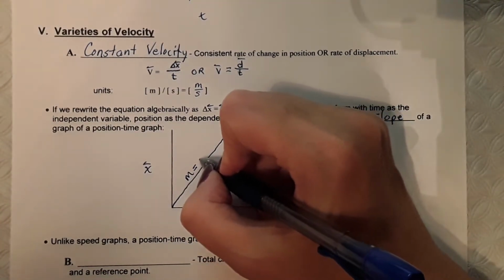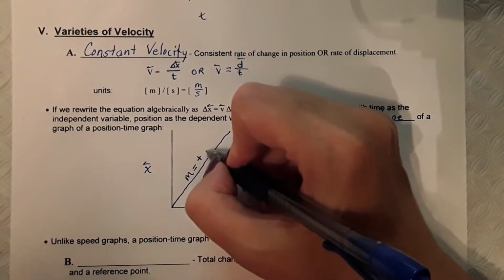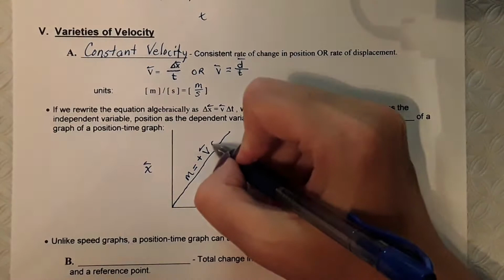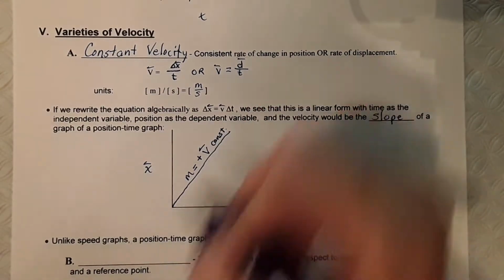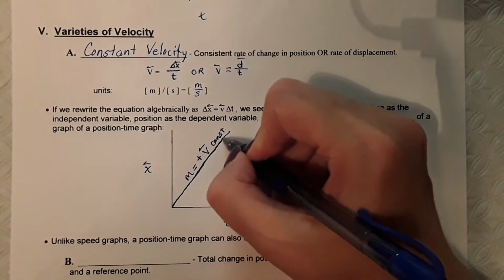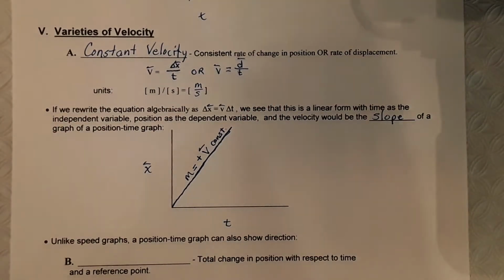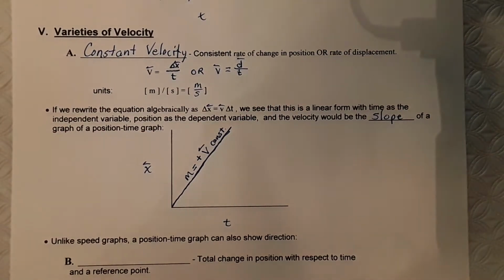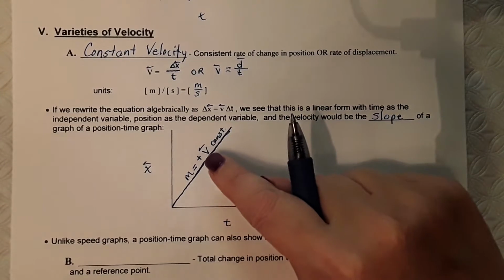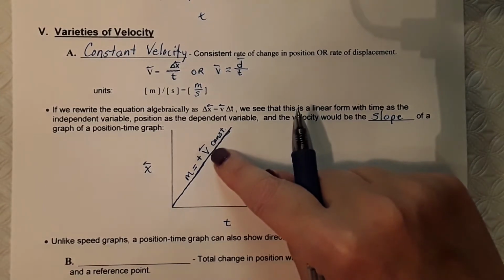So this is a positively directed velocity, and it is constant because it's a constant slope, if it's a straight line. I'm drawing on top of one of those foamy table mats, so it's not very straight. You can make yours straight though. All right, positive slope, positively directed velocity.